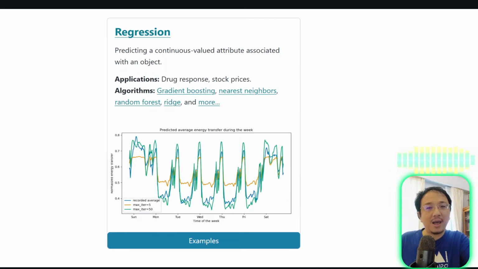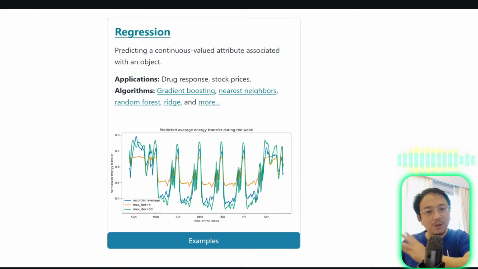Or in swimming or sprinting, you predict who is the first place, who is the second place, who is the third place. Those types of things are classification.